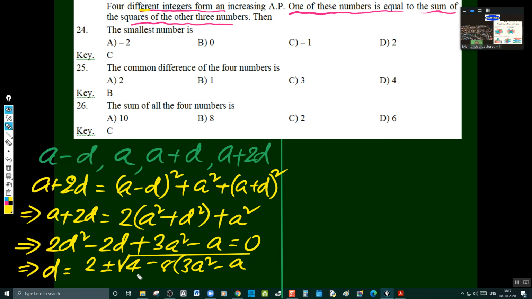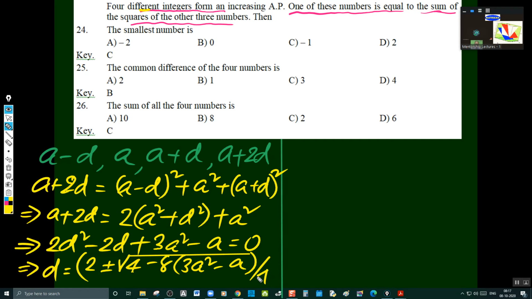I need not explain that because everyone knows the quadratic formula. I simply applied that formula.